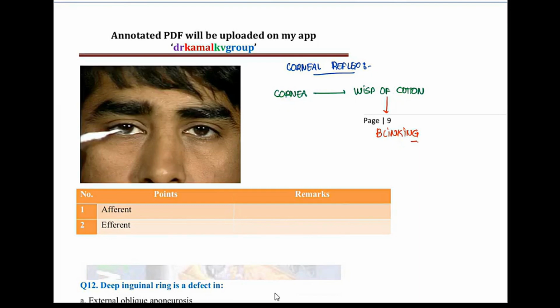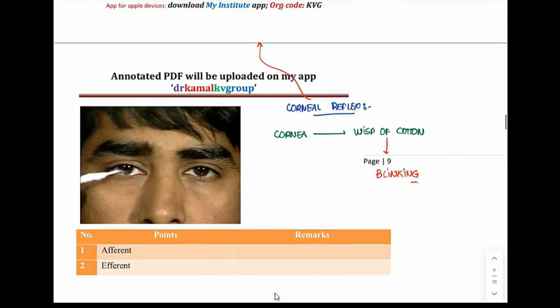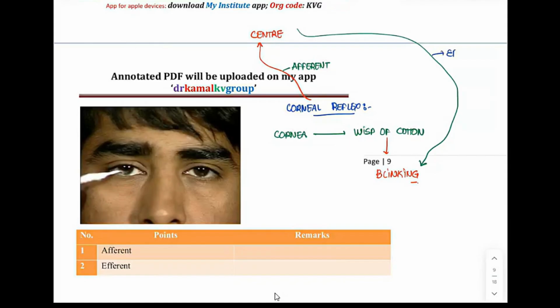So this reflex again has an afferent, which is taking the command to the center, and an efferent, which is performing the function. The afferent is sensory and the efferent is motor. Obviously the sensory supply from the face is the trigeminal nerve, especially the ophthalmic division.